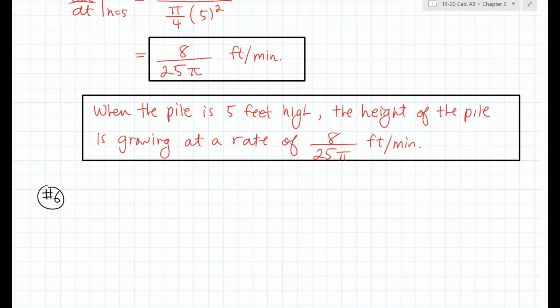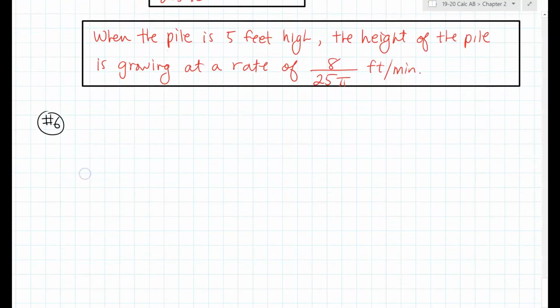So we have a situation kind of like this. So here's your camera. Here's your little car.